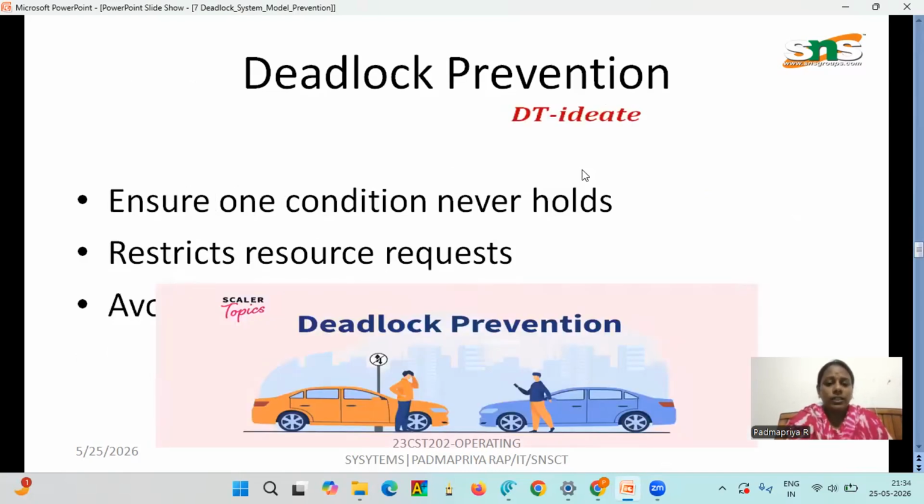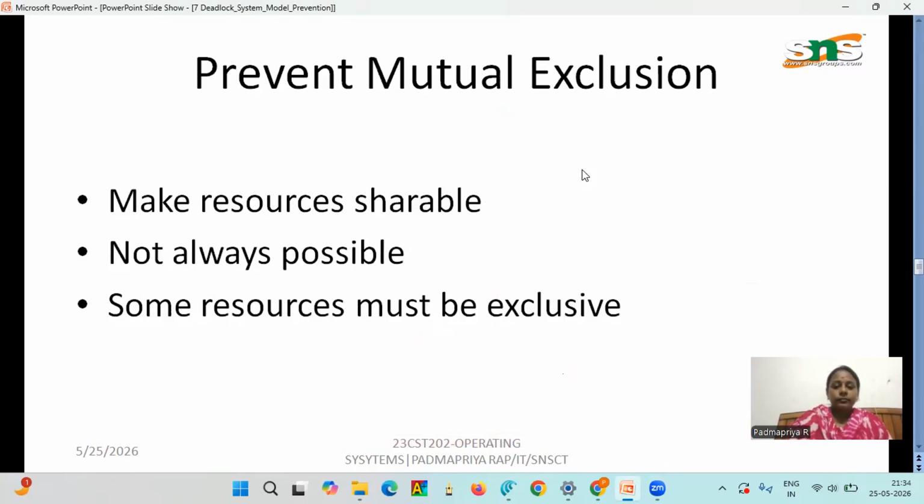Ensure one condition never holds. Restrict resource requests. Prevent mutual exclusion: make resources shareable, though this is not always possible, so some resources must be exclusive. Making a resource shareable means that the resource should be shared by every process.